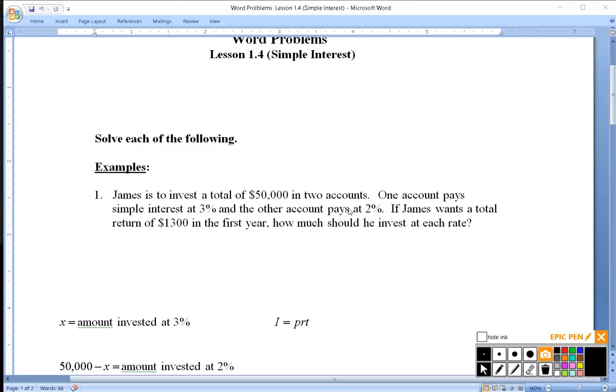So for example, if you have, say, $100, and you invest at an interest rate of 5%, which in a decimal would be 0.05, for 1 year, that's times 1.